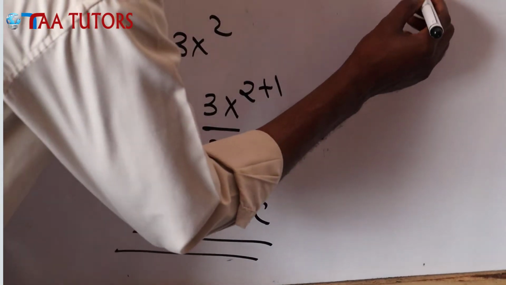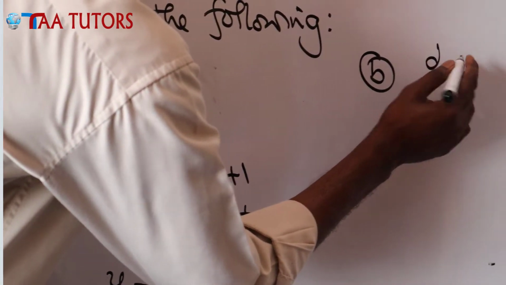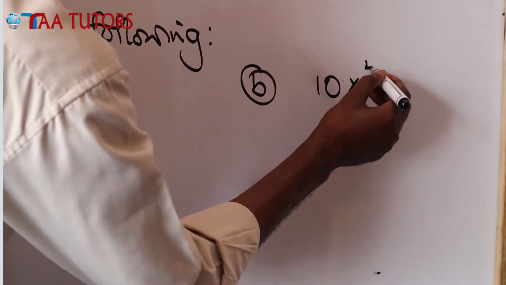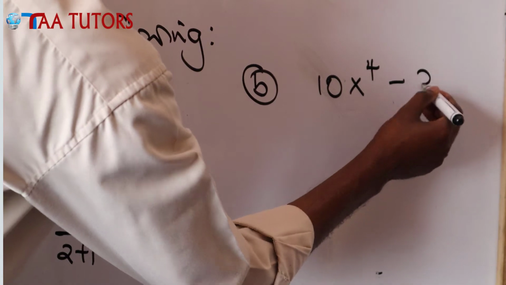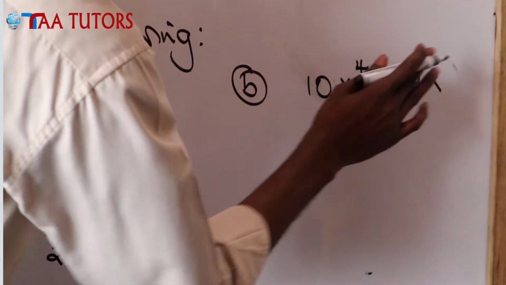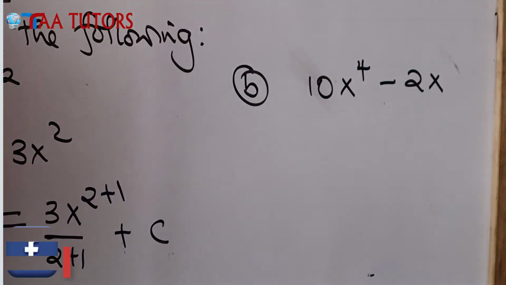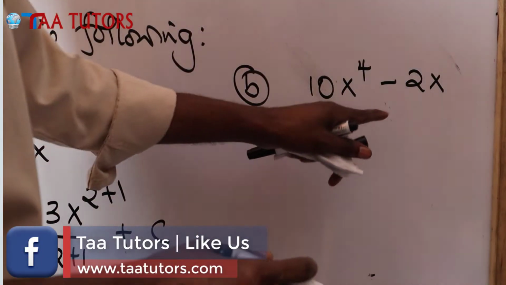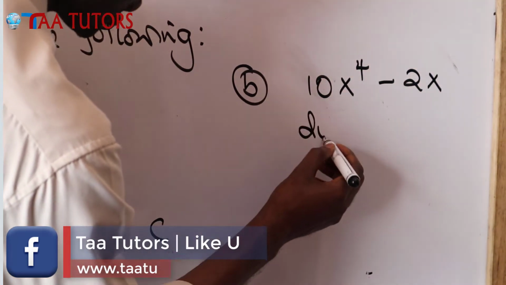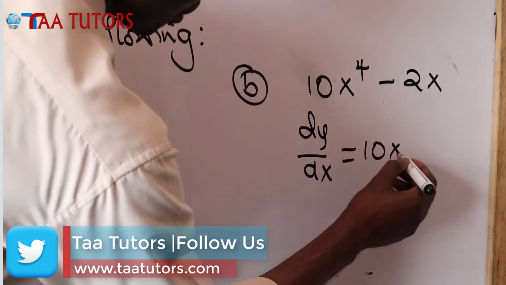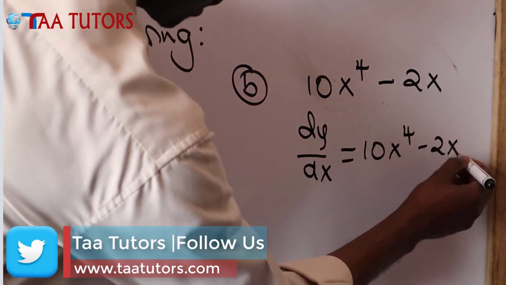What about b? If you have 10x to the power 4 minus 2x, we realize that this is now a polynomial. We can write it as dy/dx equals 10x to the power 4 minus 2x.